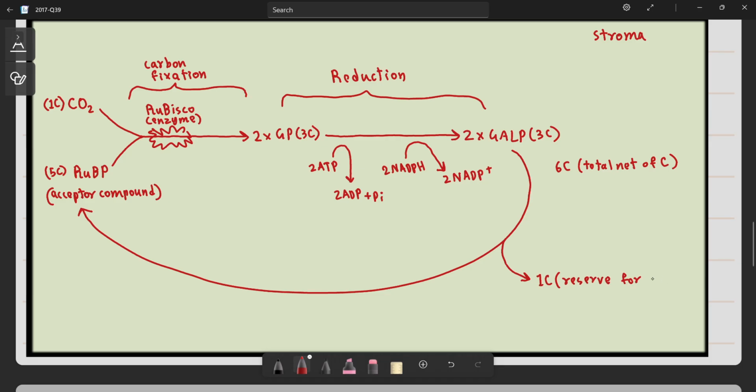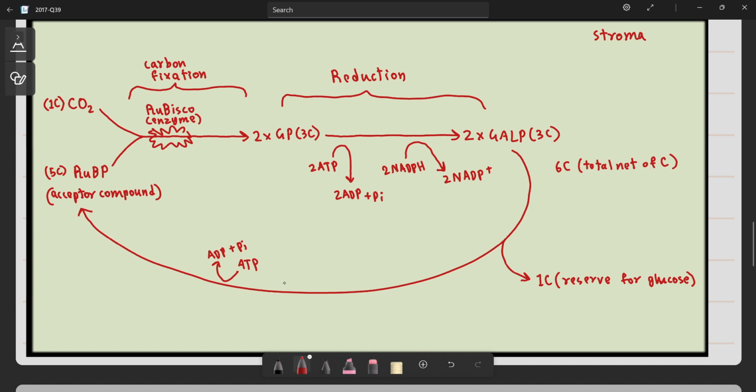From this six carbon, one carbon is going to be kept safe as a reserve for glucose, which is used to synthesize glucose. The other remaining five carbon from the six carbons is going to be used to regenerate RuBP. This regeneration of RuBP also requires ATP to power this process, ATP to ADP plus Pi.